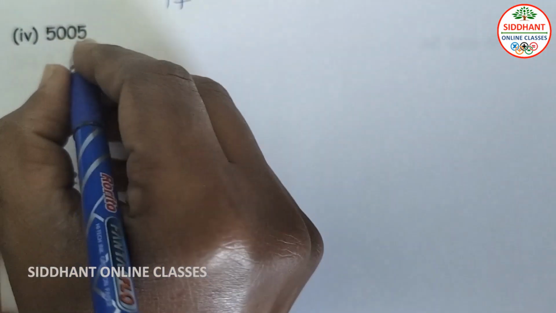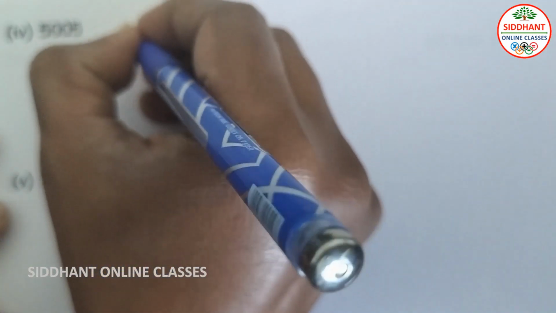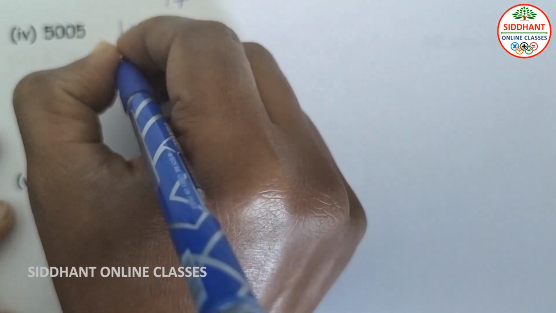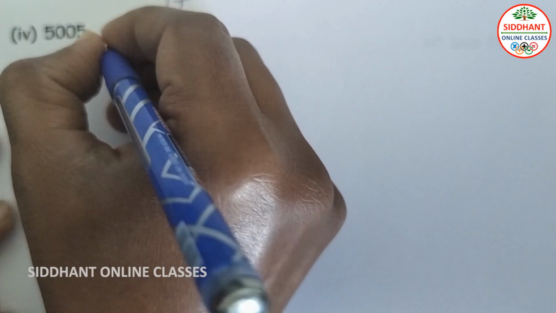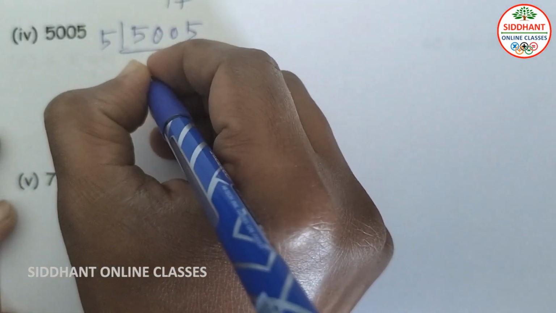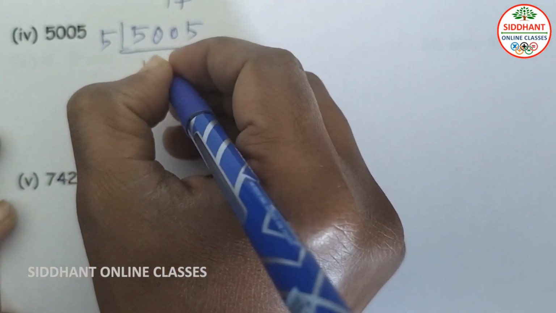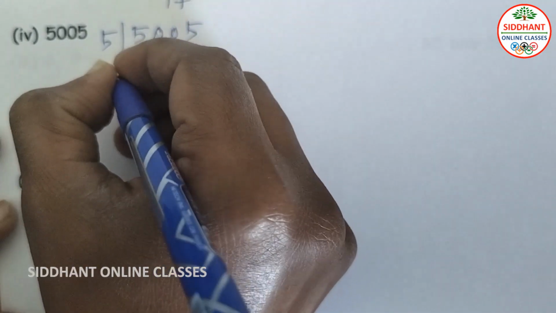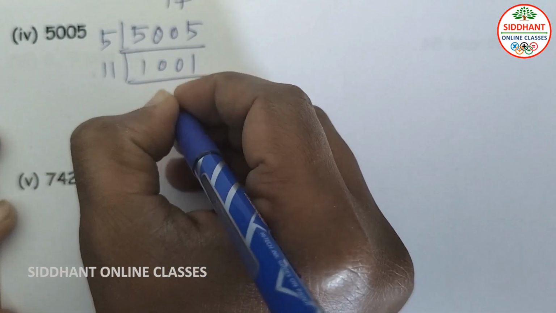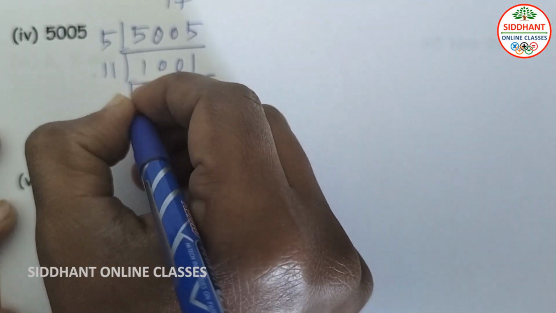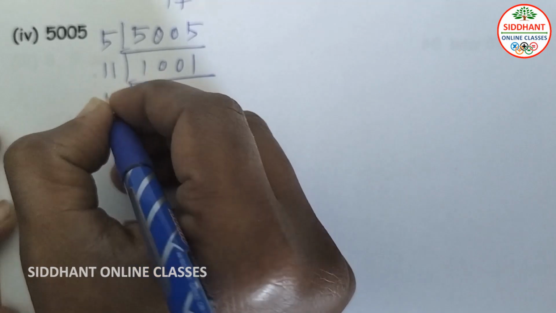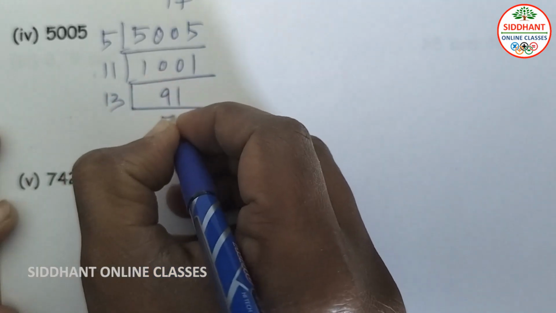Fourth one, 5005. We divide this number by 5 and get 1001. Again it divides by 11, so we get 91. Again it divides by 13, we get 7.